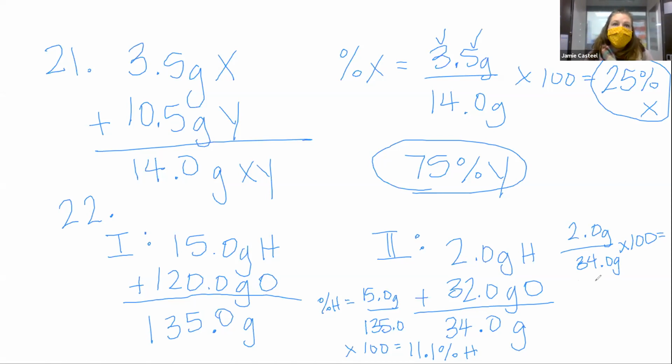What's my percentage in compound 2? 5.8. Okay, but look again here. I've only got 2 sig figs in 2.0 grams. So I'm going to go with 5 point, round that bad boy up, 5.9.